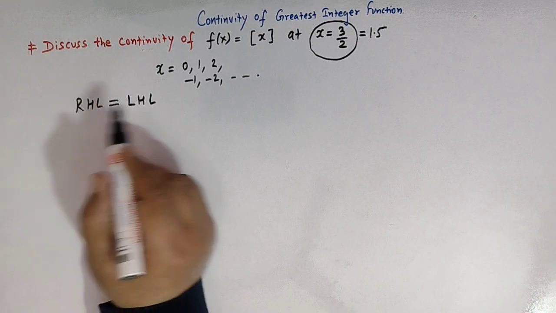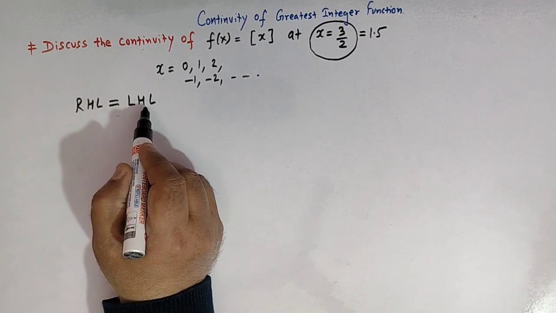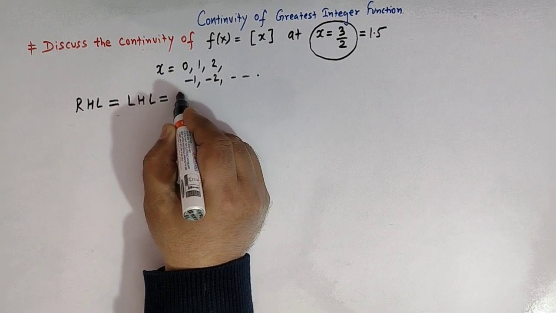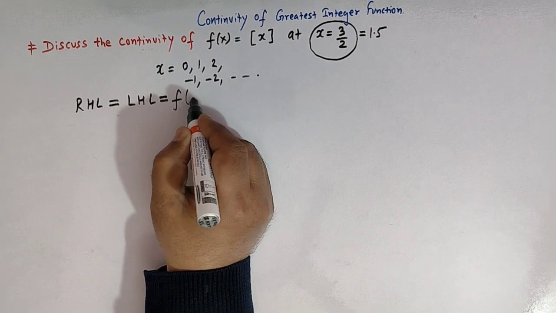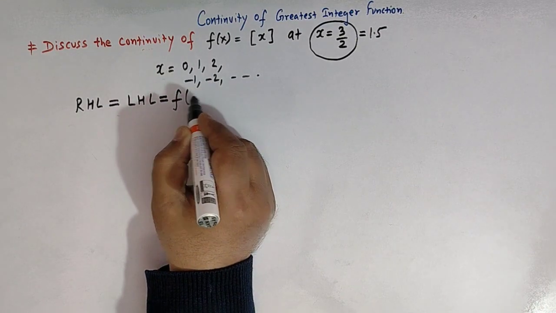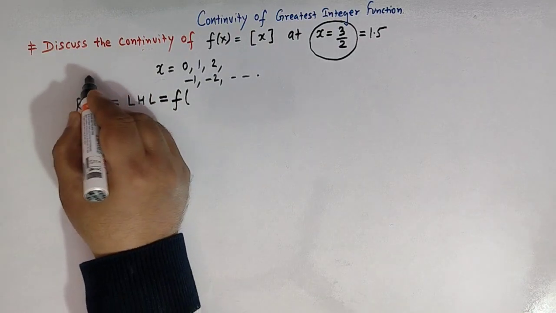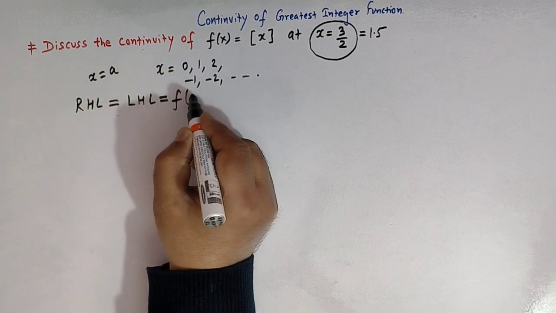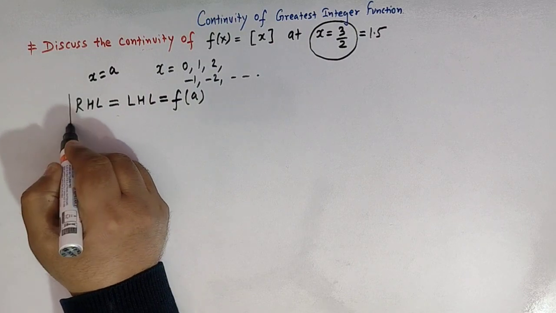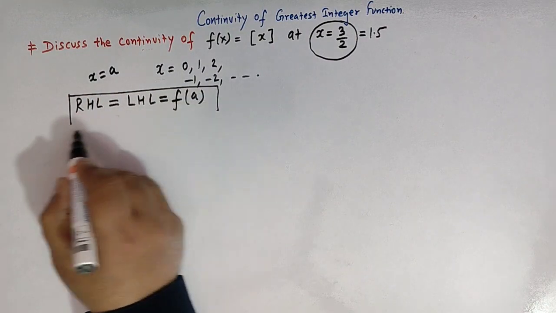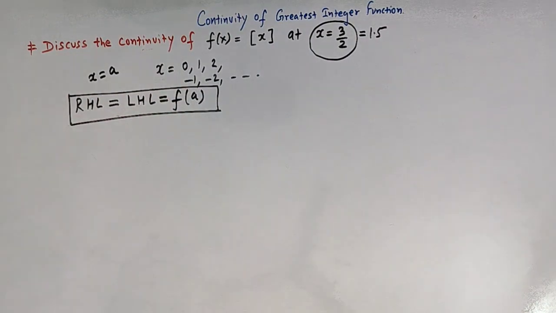Moreover, these two limits must be equal to the value of the function at the given point. So if we take the point as x is equal to a, then we must have this condition for the continuity of any function.